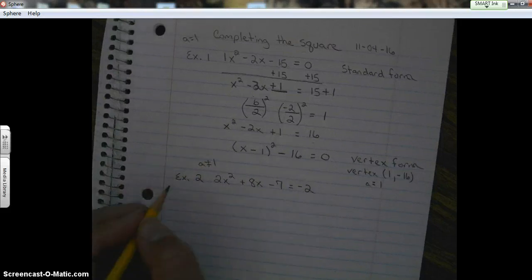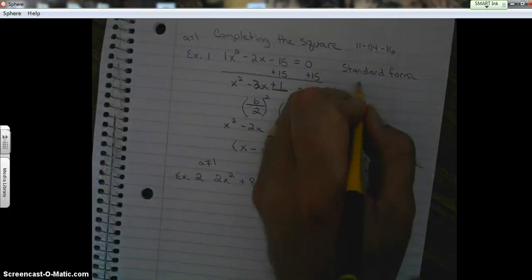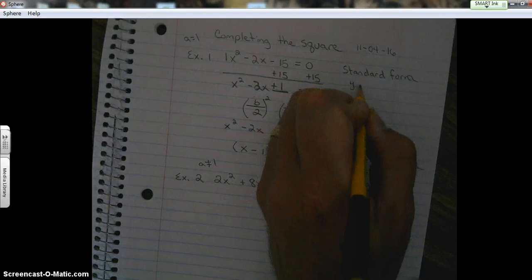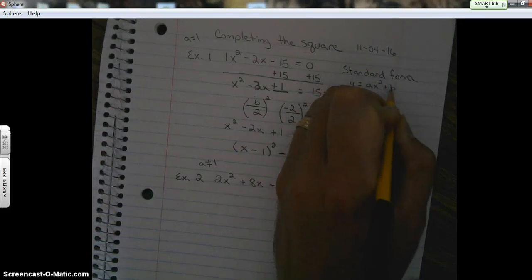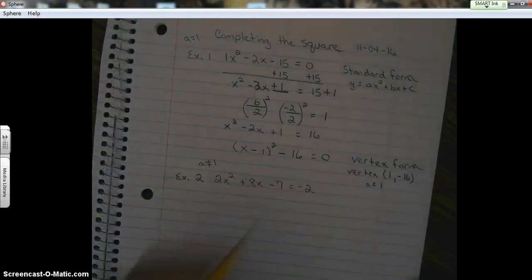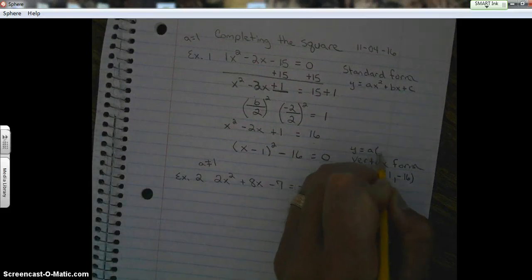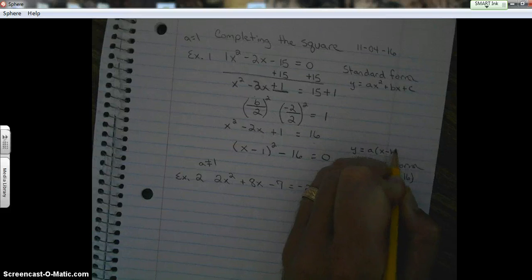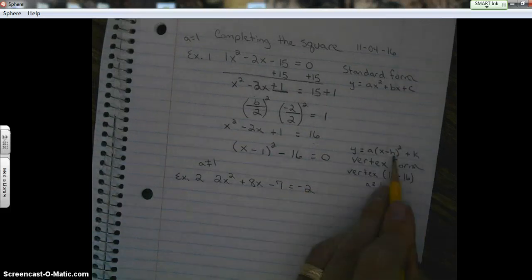So there's an additional step that we need to do here. First thing we want to do is make sure we're in standard form. Remember that standard form is basically ax squared plus bx plus c. And remember that vertex form is going to be a times x minus h squared plus k. There's our parameter changes right there.